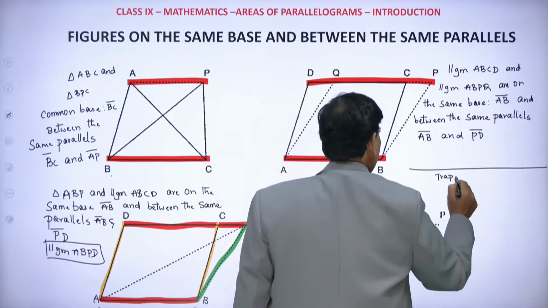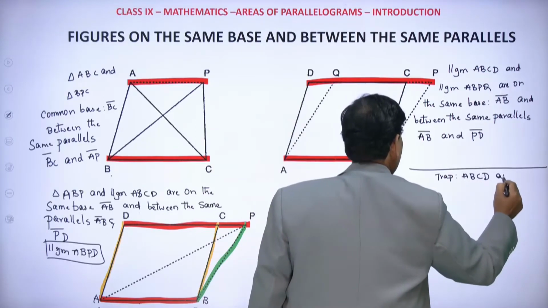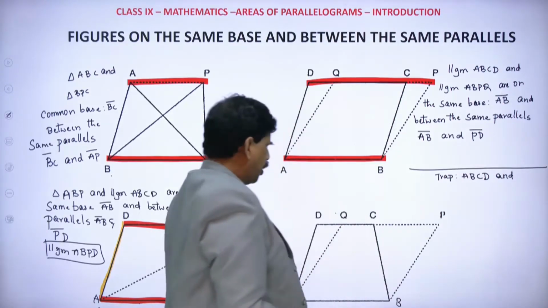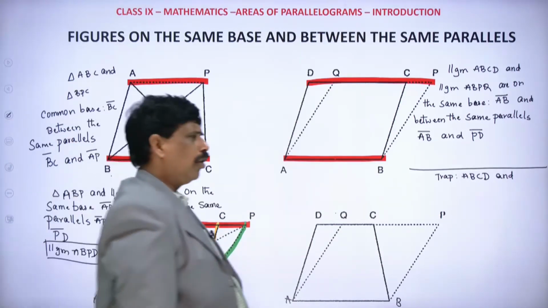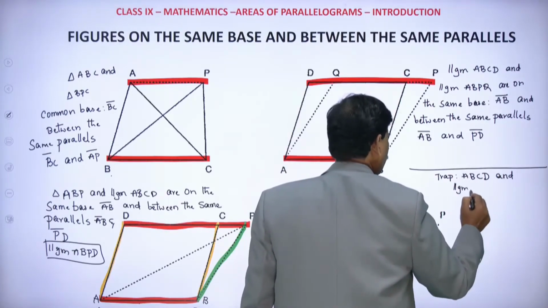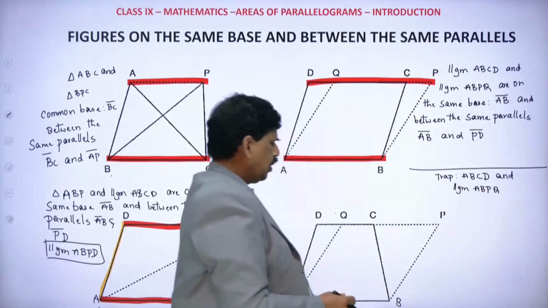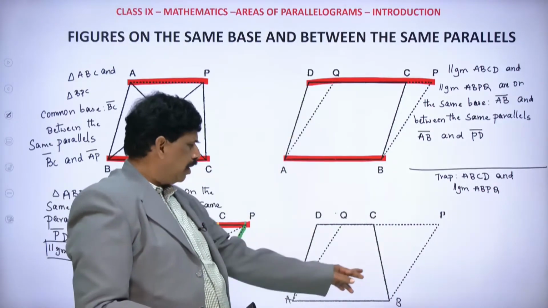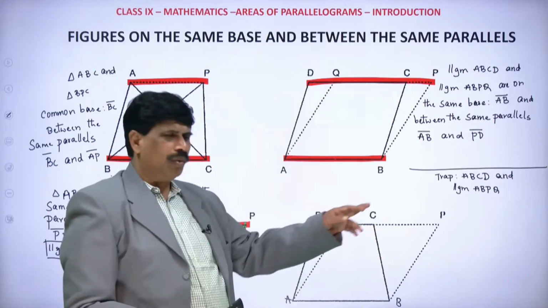And what can you say about ABPQ? It is a parallelogram. You look at the diagram carefully. ABCD is one trapezium, and ABPQ is one parallelogram.